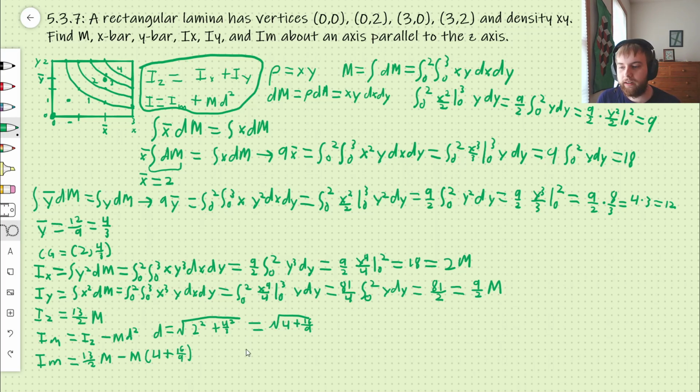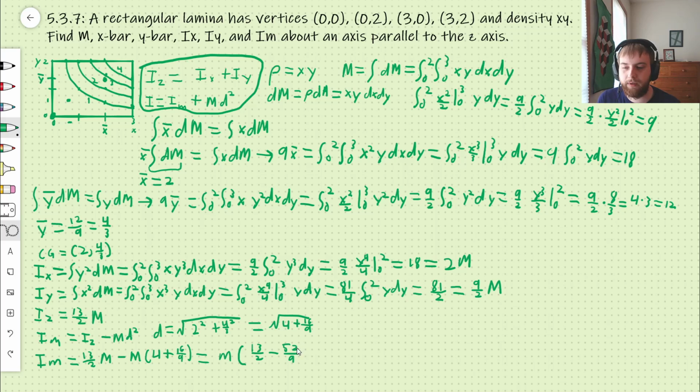So this is equal to m times, well, first before we do that, 13 halves minus 52 ninths.